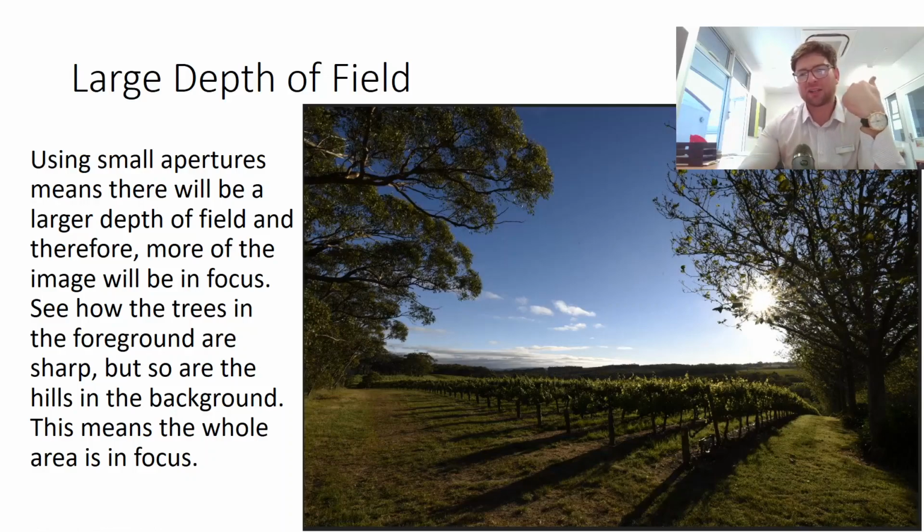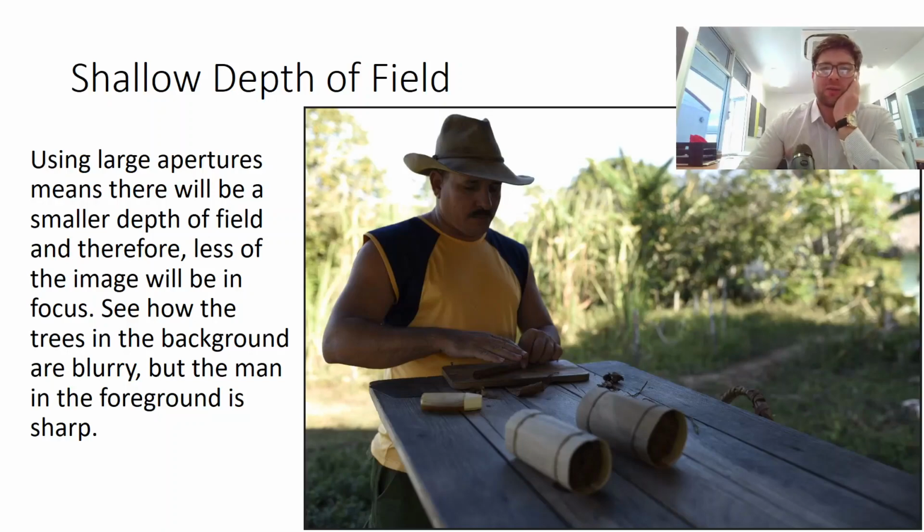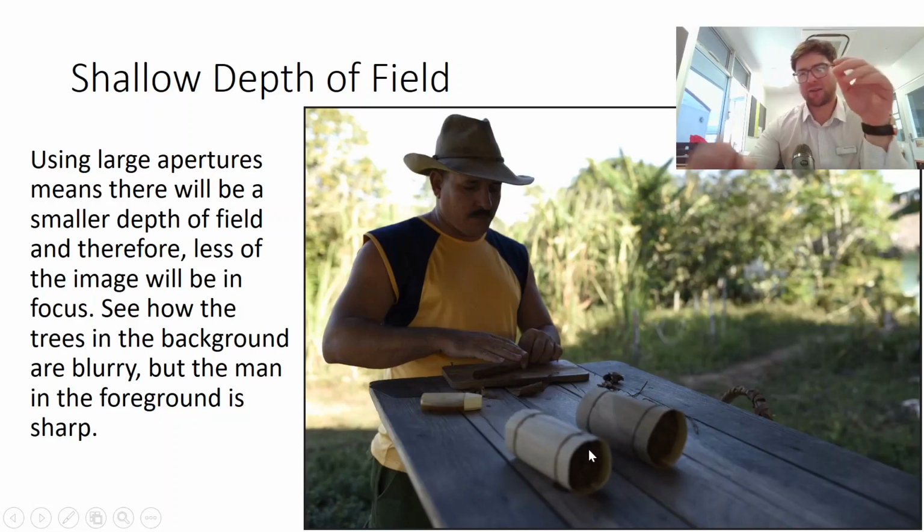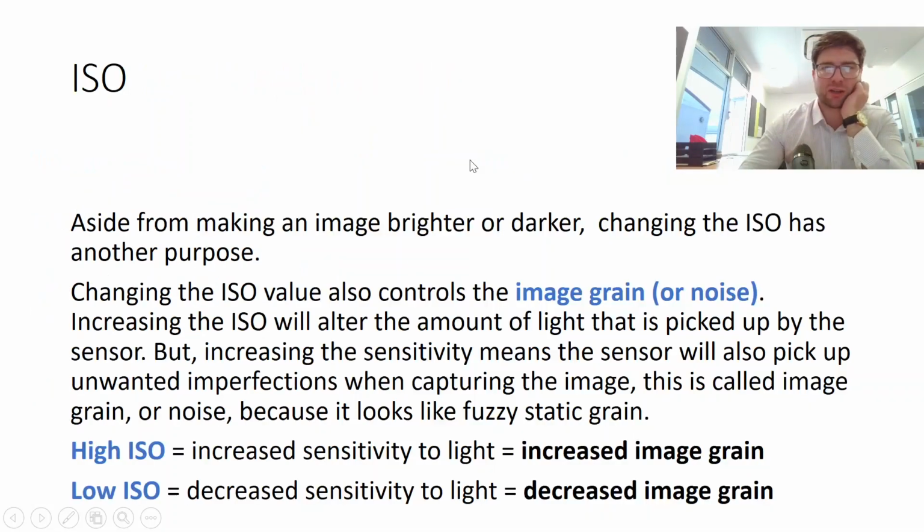So using a larger depth of field means you can have these sorts of images appearing the way you want them. A shallow depth of field, we all know the photo where the person is in focus, but then behind them is blurred, and you can see here even the foreground is starting to become blurry, and that has the effect of drawing the viewer's attention to that subject.